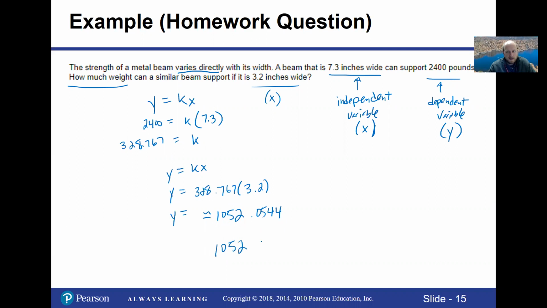They just wanted the nearest whole number here, so 1,052 pounds. So what does that mean? It means a 3.2 inch wide beam can support 1,052 pounds.